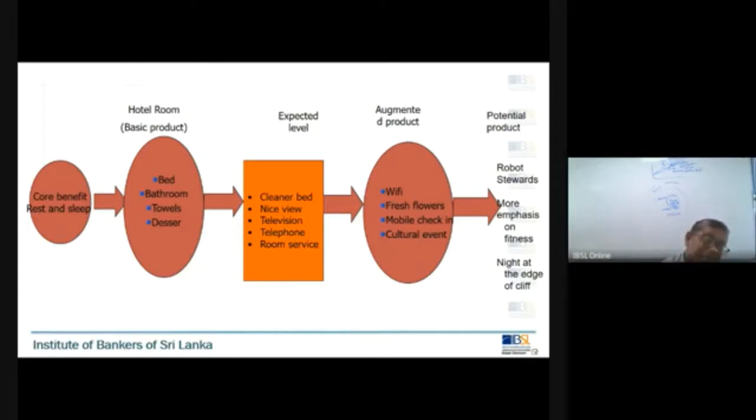Now take an example for mobile phone. I don't know whether you know, when the mobile phone came initially, the augmented layer was the CLI facilities. You know what we mean by CLI facilities, no? I can remember I paid 50 rupees.